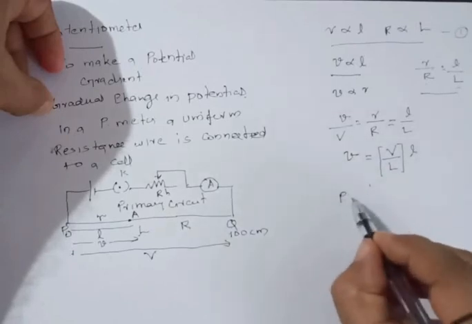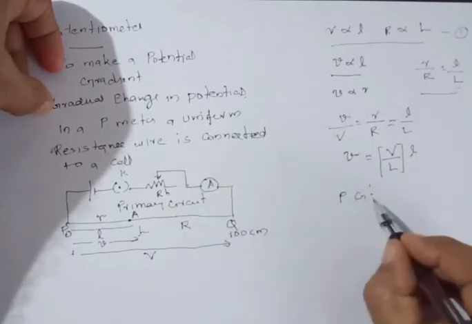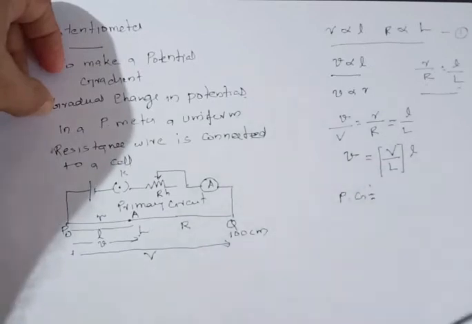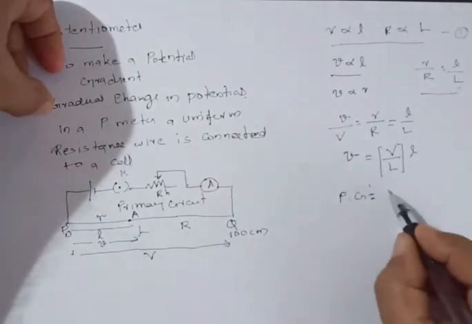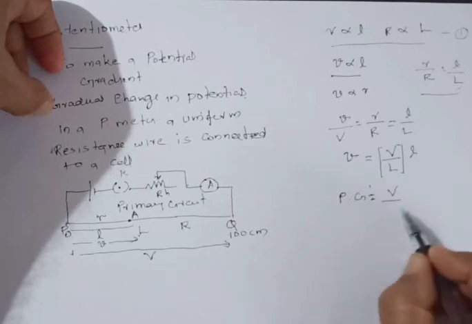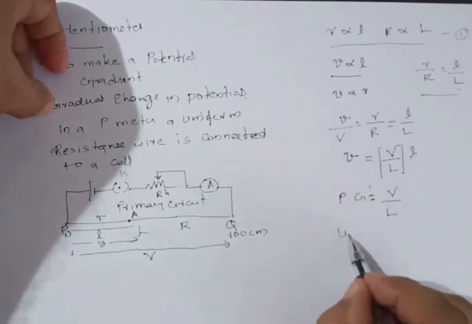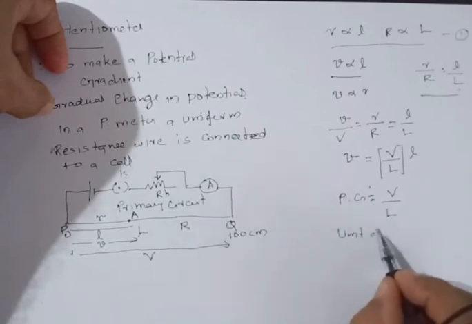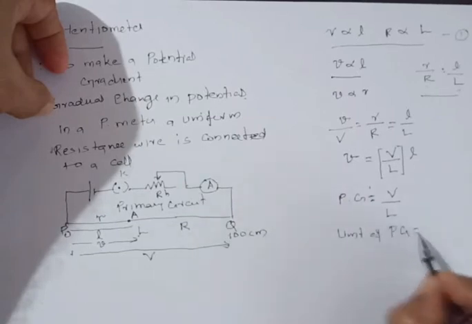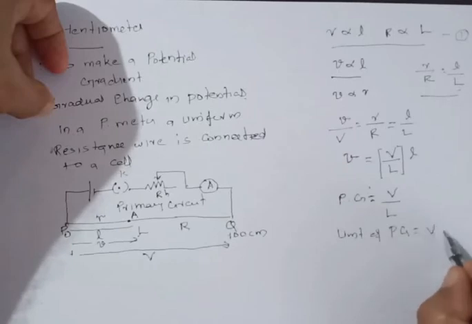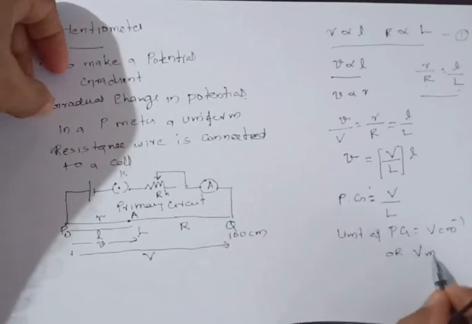So potential gradient is equal to the potential difference between the 2 ends of the potentiometer wire, V, upon the length L. The unit of potential gradient is volt centimeter inverse or volt meter inverse.